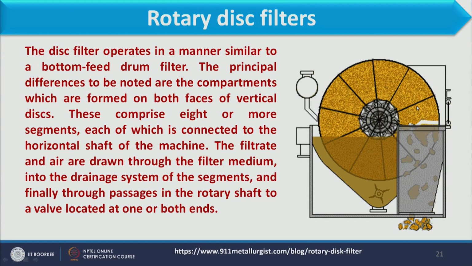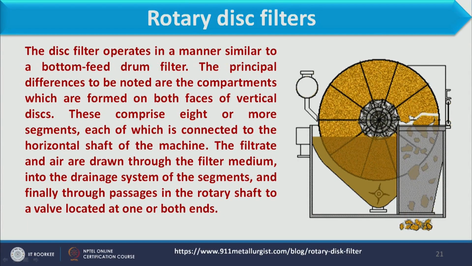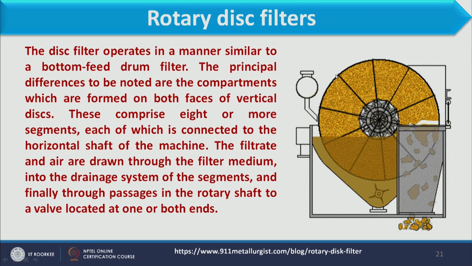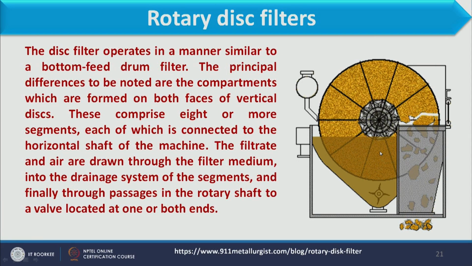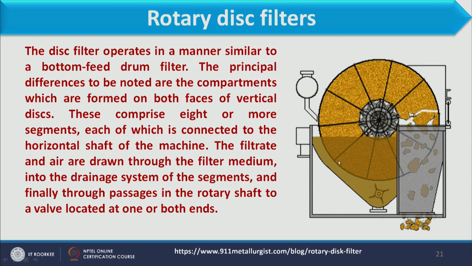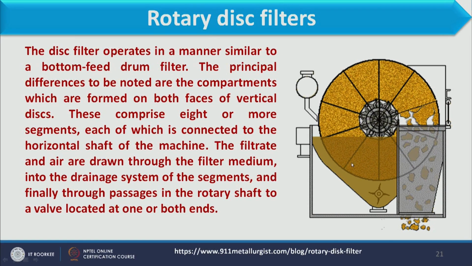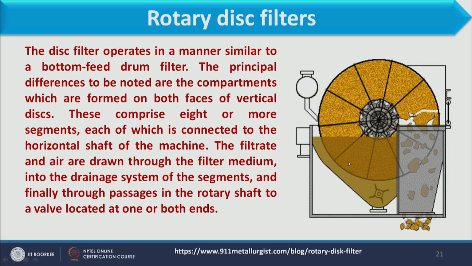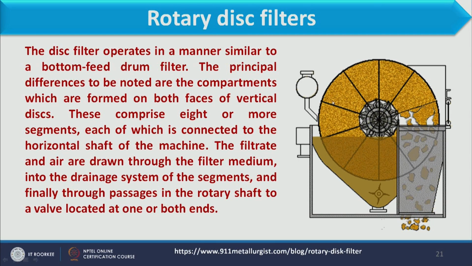If you see this image, we can illustrate how it works. This disc has different sections and each section sucks water. Some surface of this rotary disc is submerged into the slurry, it sucks filtrate, and cake formation occurs over here. So you see this is the disc.